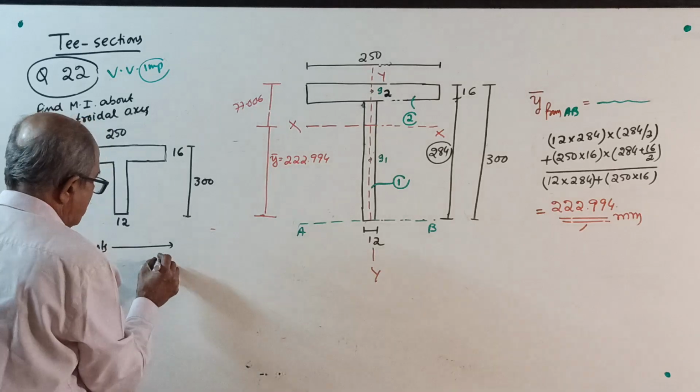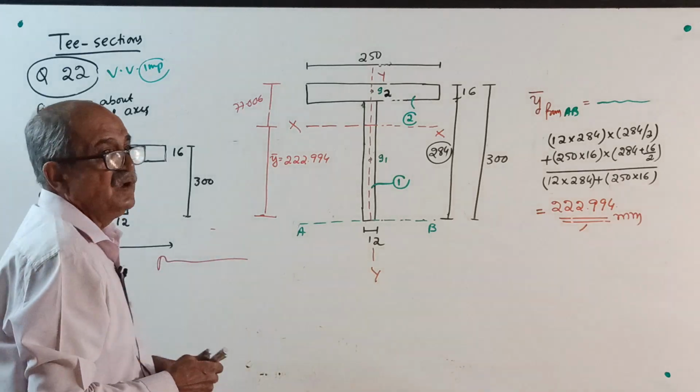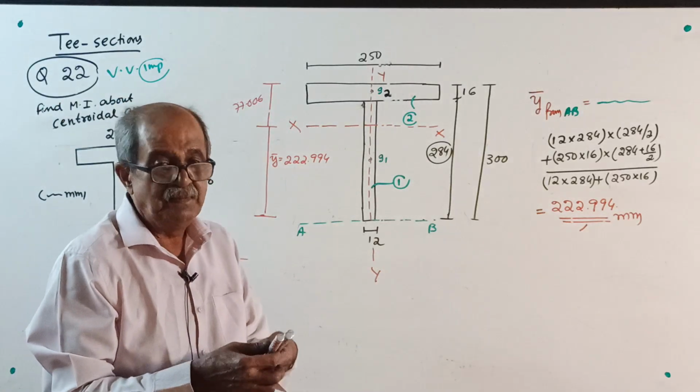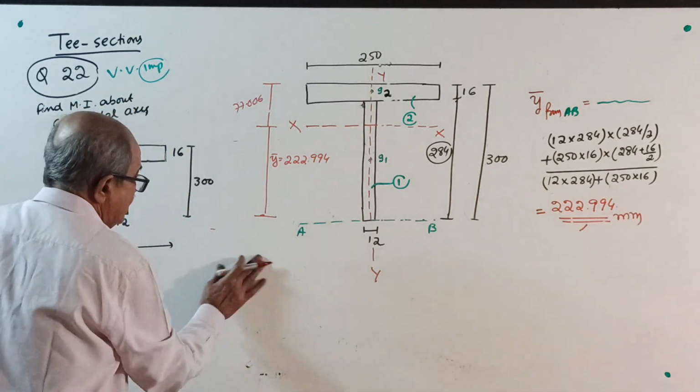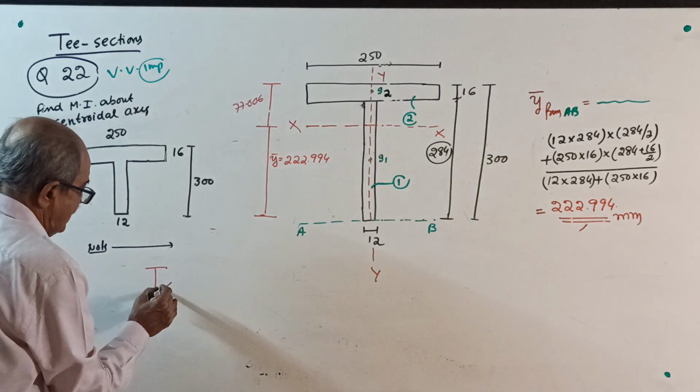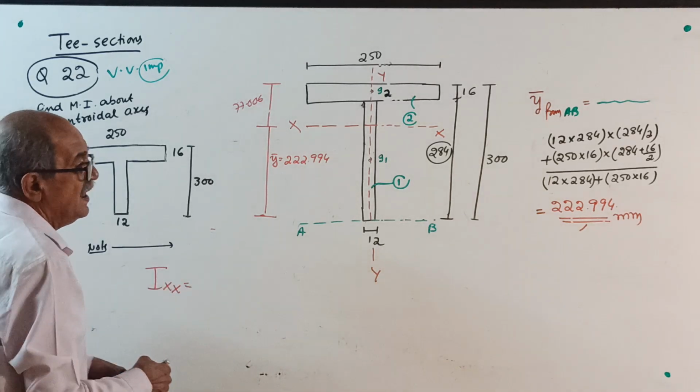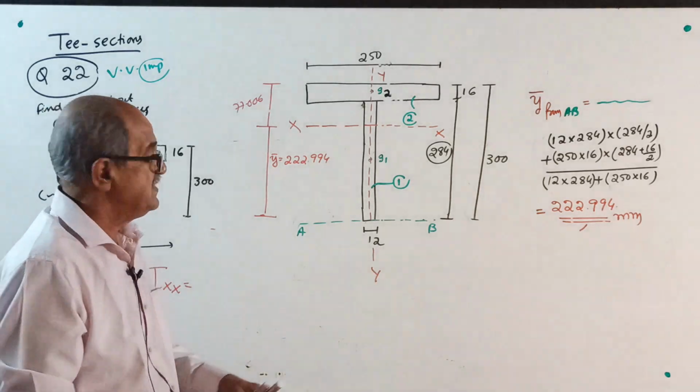As usual, write the parallel axis theorem. I about any axis equals Ig plus A h square. If you do not write, you are losing. Start. I about Xx. See, this is somewhat, I will tell you, an exercise question.